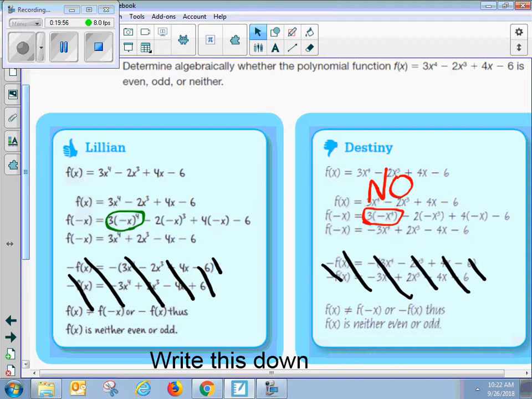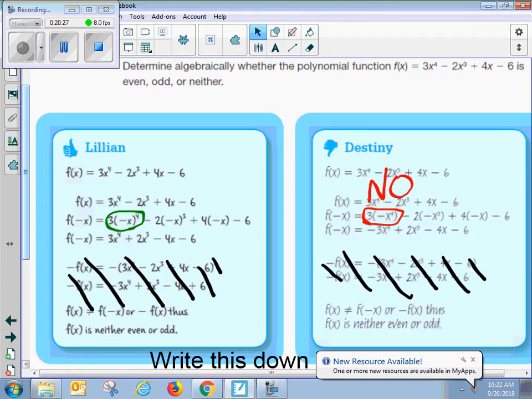So when she does that, she ends up with a negative 3x to the 4, because x to the 4 stayed x to the 4 the way she did it, and then negative times 3 is negative 3x to the 4. She's wrong. That's why there's a thumbs down. Let me finish, and I'll take your question. So be really careful. Do you see how Lillian has the exponent outside? Destiny messed up across the board. She has it inside. You want it outside because then you're taking both the sign and the variable to the exponent. Okay, so that's step one.